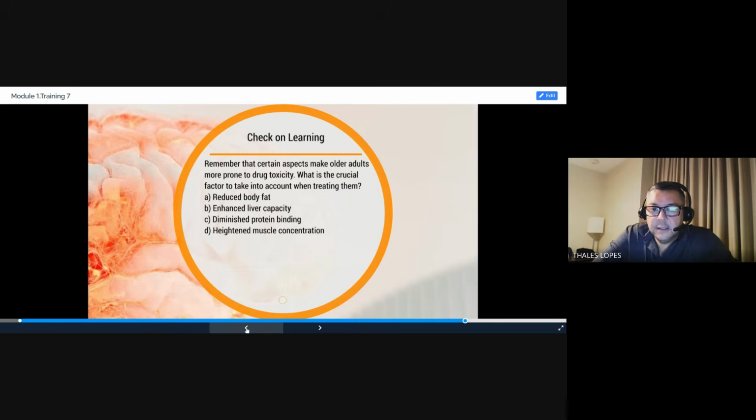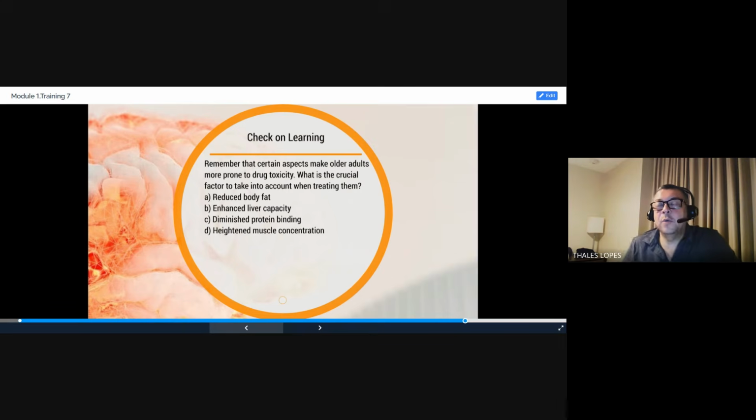So what would you answer? I would say C, diminished protein binding. Yes, that is crucial to take into consideration when treating them. A is reduced body fat. Is that a true statement? No, it is increased body fat.